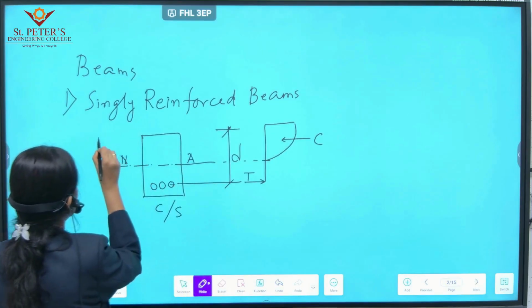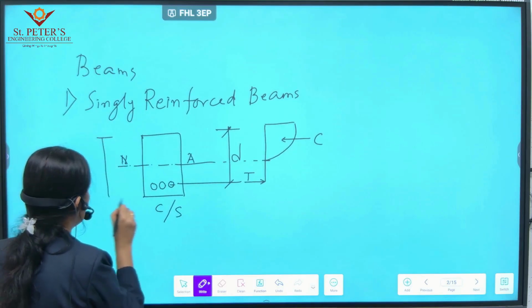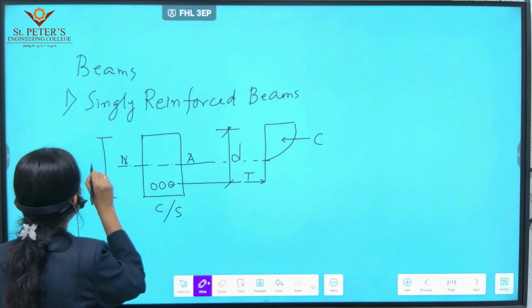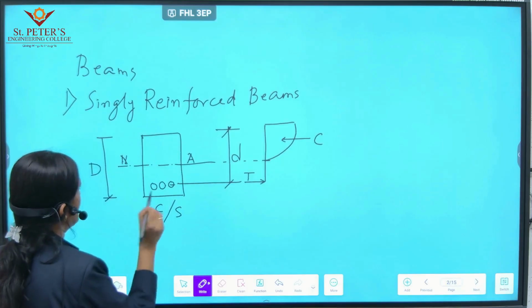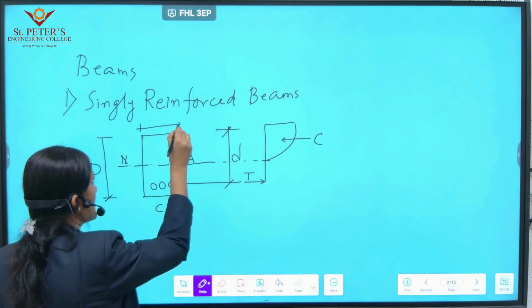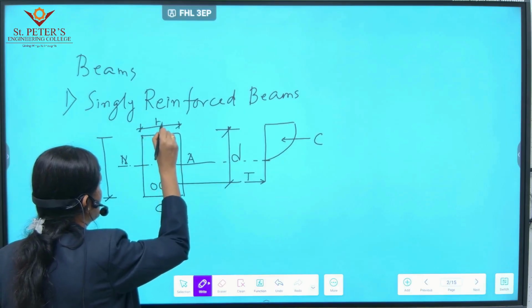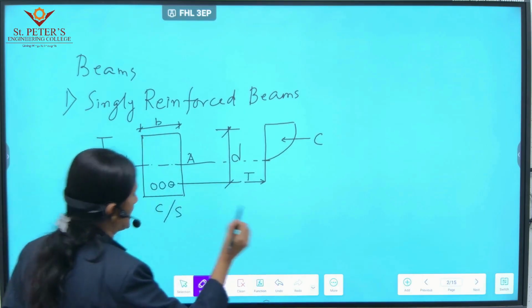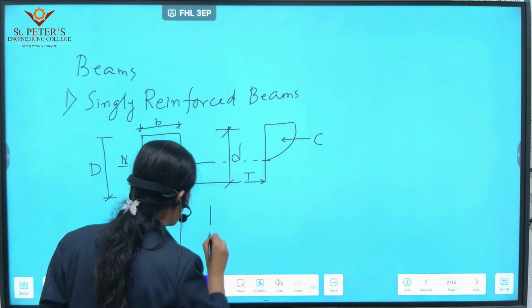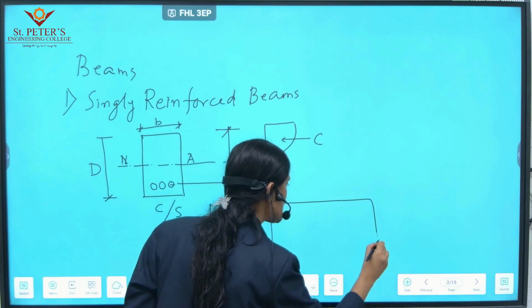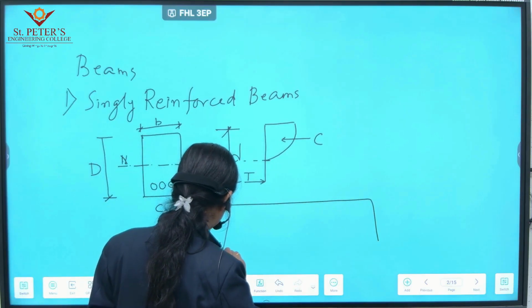Next, the total depth of the beam or section is taken as D, and the width is taken as B. This is the cross section, and we can also draw a longitudinal section for better understanding.